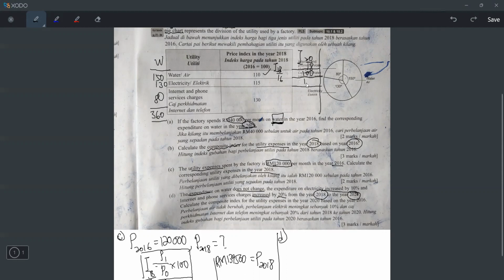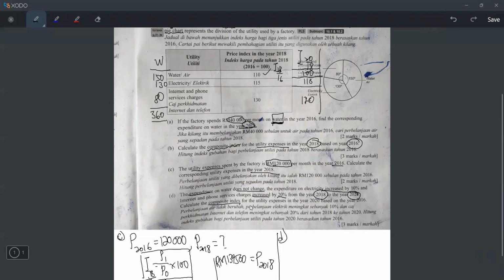Increased by 10%, so 110. That is the price index for 20 over 18 for electricity. And for internet and phone service, increased 20% from 2018 to 2020, means the I for 20 over 18 is 120.